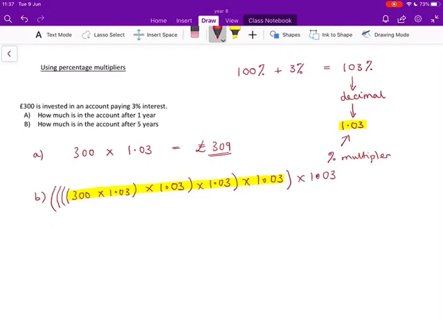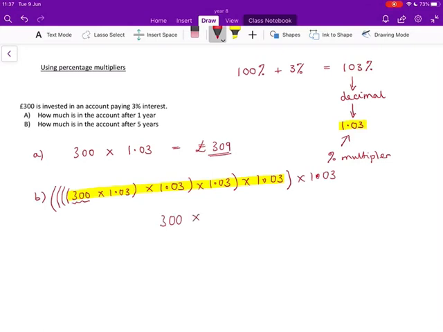So, if we look at that calculation, we've taken our initial £300 and we've multiplied it by 1.03 for year 1, then multiplied by another 1.03 to get the amount at year 2, another 1.03 for year 3, another 1.03 for the end of year 4, and another 1.03 for the end of year 5.